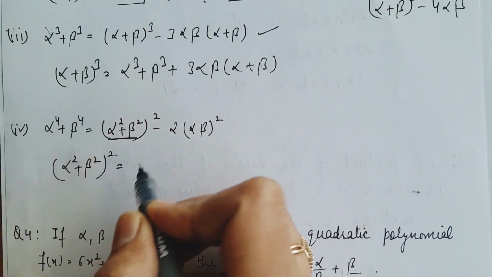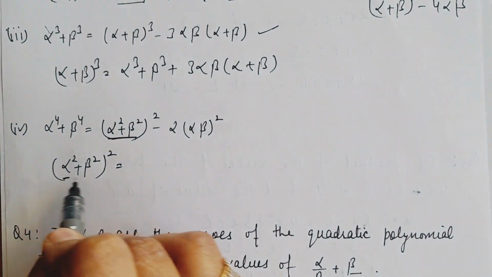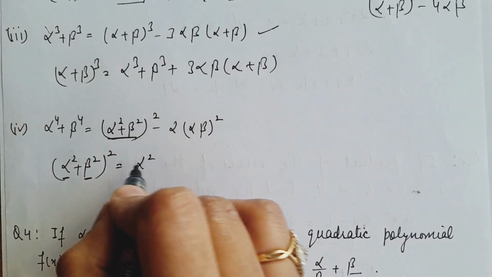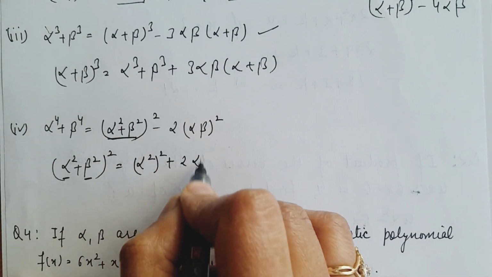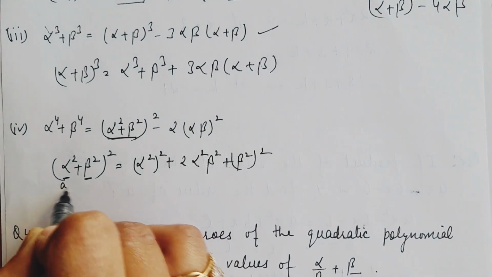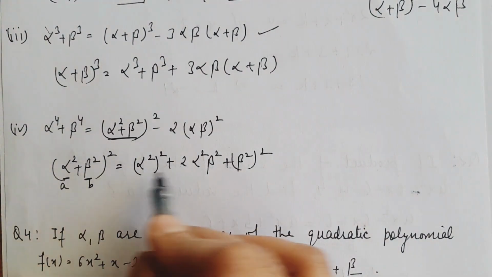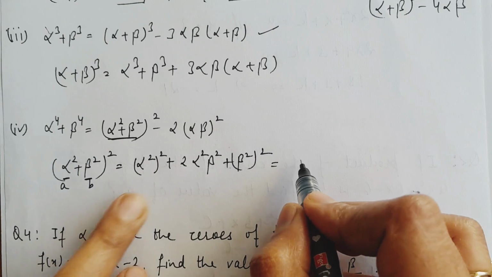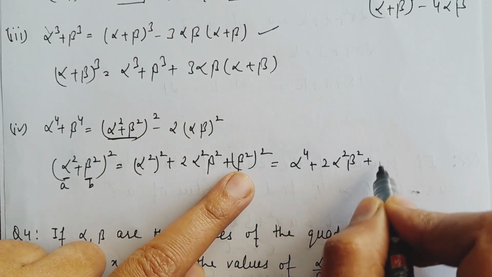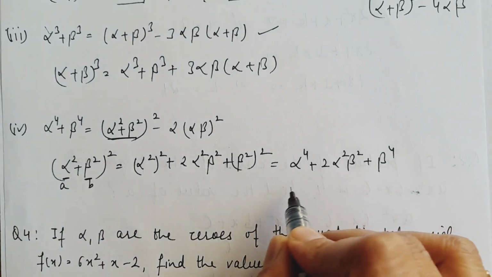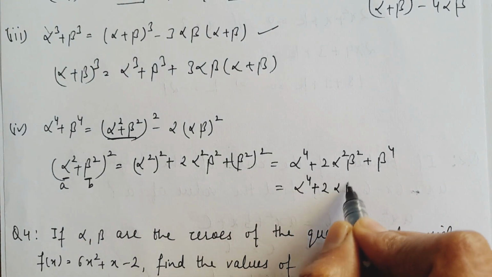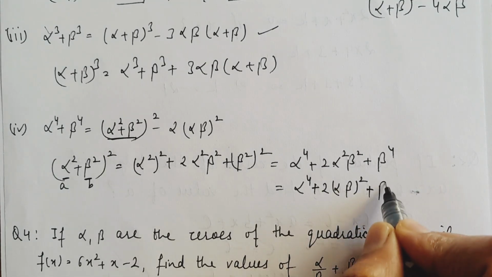If we take this as a and this as b, then the whole square is a plus b whole square, which is a square plus 2ab plus b square. Already a means alpha square, b means beta square. So now it will become alpha square whole square, that is alpha 4, plus 2 alpha square beta square, plus beta raised to power 4. We can write this as alpha 4 plus 2 alpha beta whole square plus beta 4.